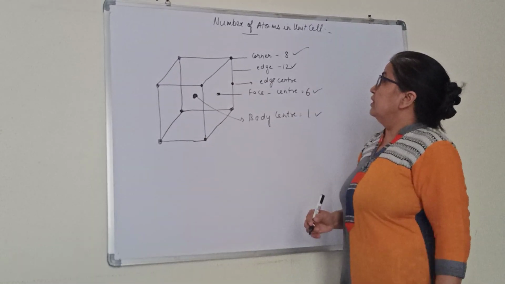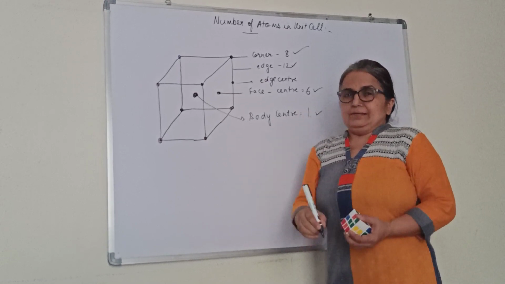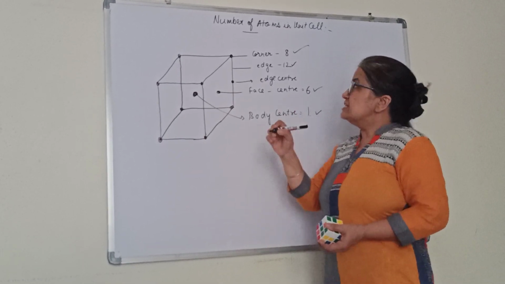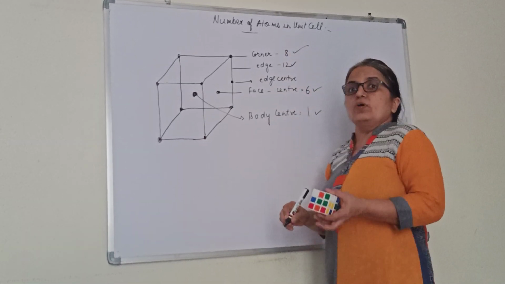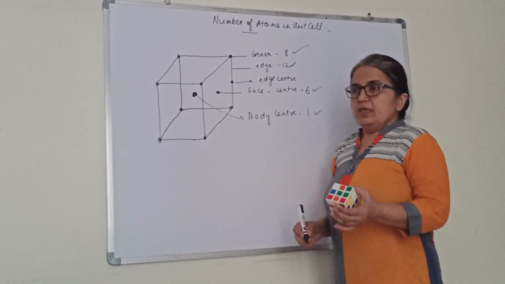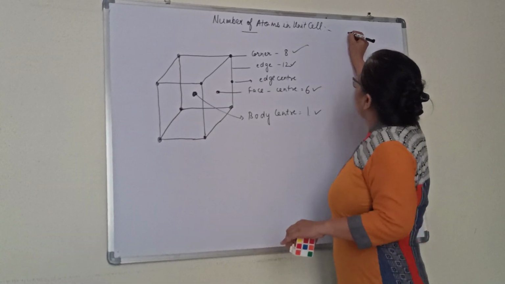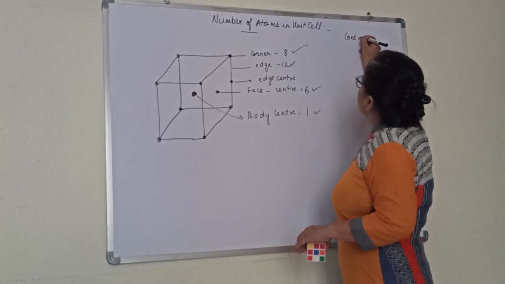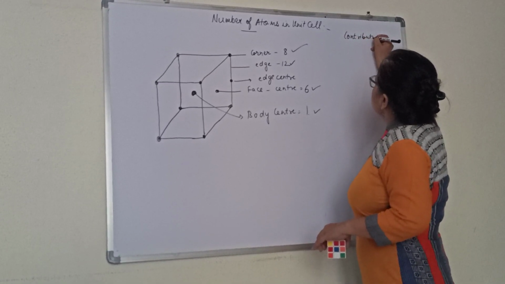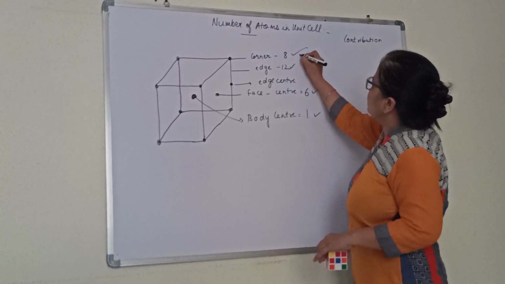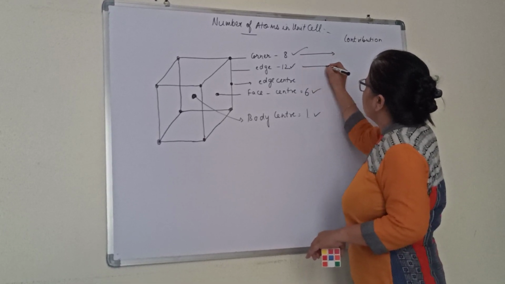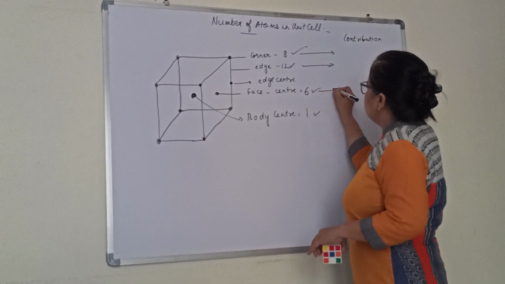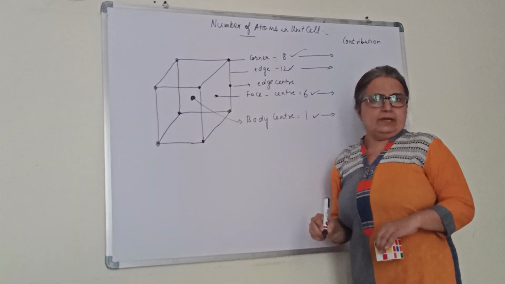Now we should know, when a particle or atom occupies these places, what will be its contribution. That is what we are discussing now. I will talk with reference to corner, edge, face and body center, right?